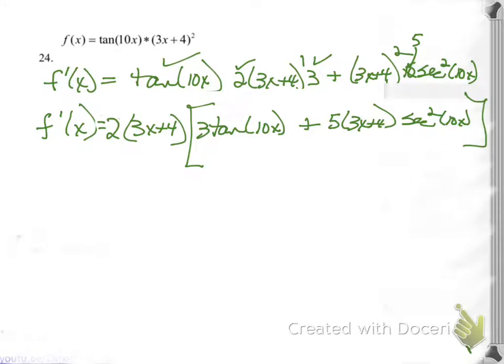Okay, so let me compare that to my other answer, and that looks good. Okay, so that's good. So that completes 24. Let's go on to 25, and we'll do it on the next slide.